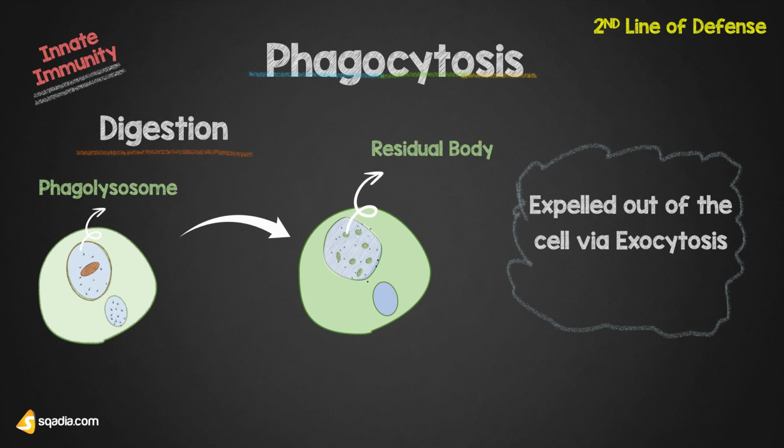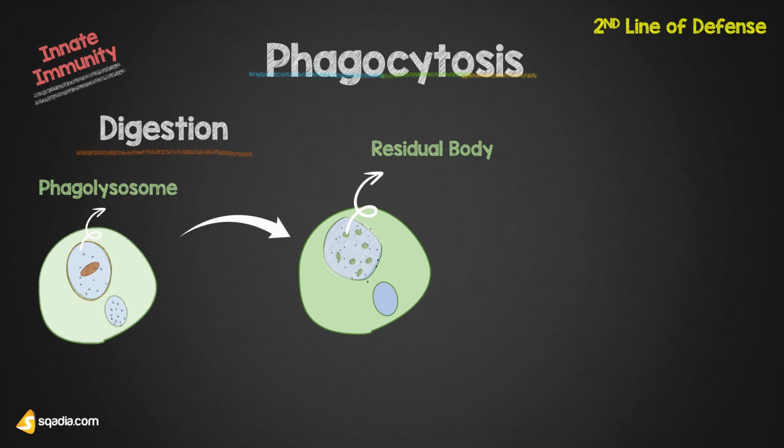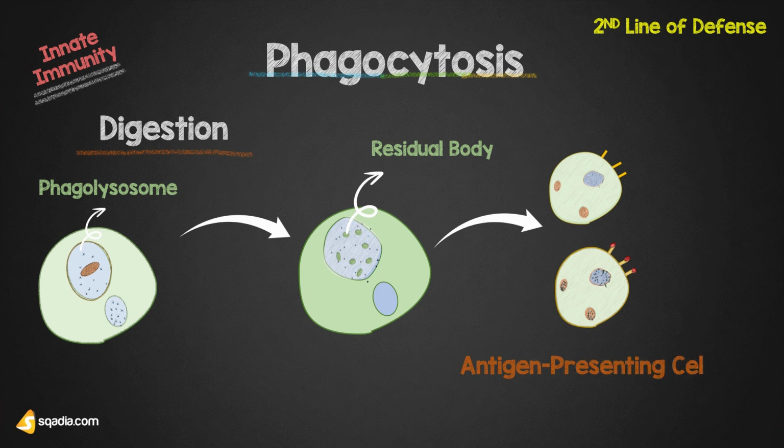The residual body then travels toward the boundary of the cell and is eventually discharged from the cell by a process called exocytosis.